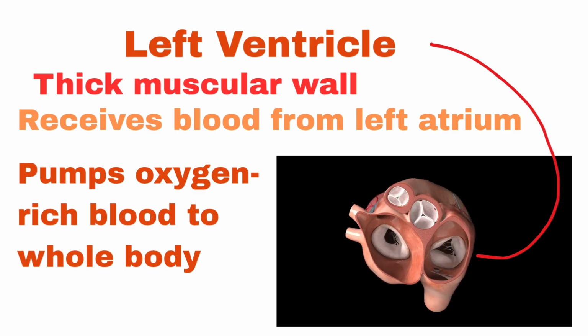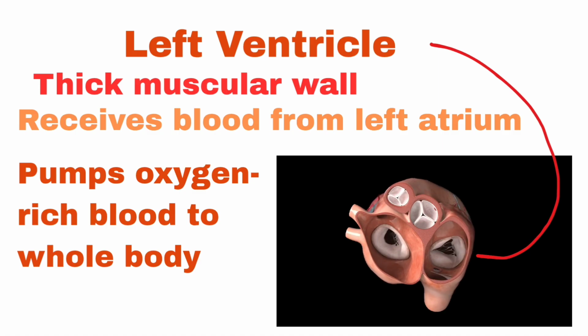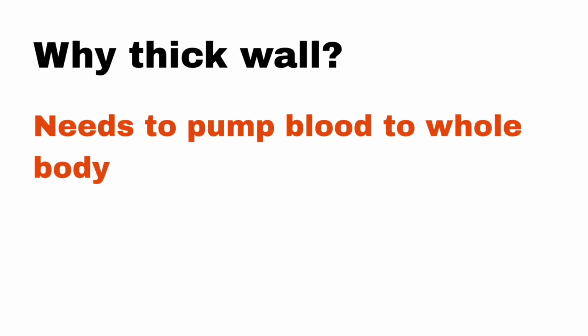When the left ventricle contracts, the oxygenated blood is pushed out to supply the entire body. So, which chamber pumps oxygen-rich blood to the whole body? The left ventricle. And why does the left ventricle have a thick muscular wall? Because it needs to pump blood with force to the entire body.